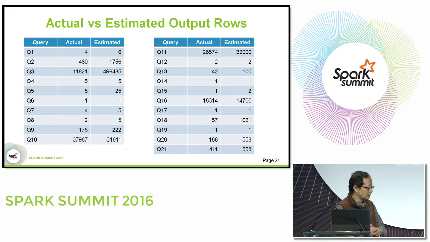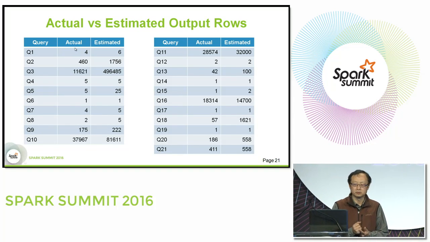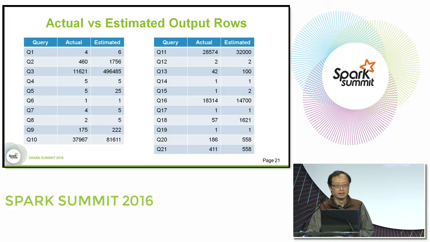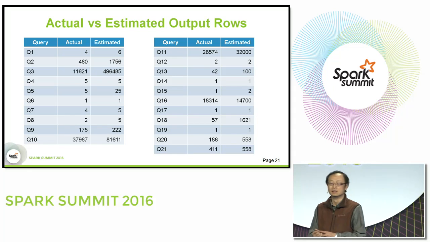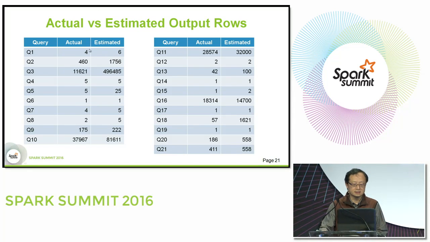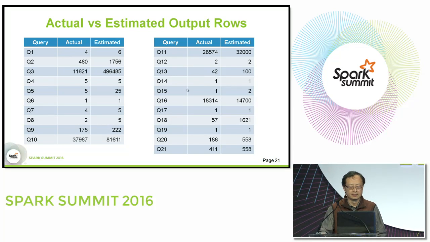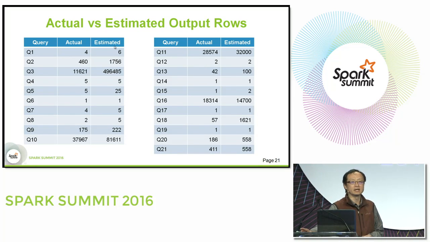Now I want to do a comparison between the actual number of output records for the TPC-H queries and the estimated numbers we can provide when we utilize our statistics information. For most queries, our estimate is not that far away from the actual number, except for query 3.